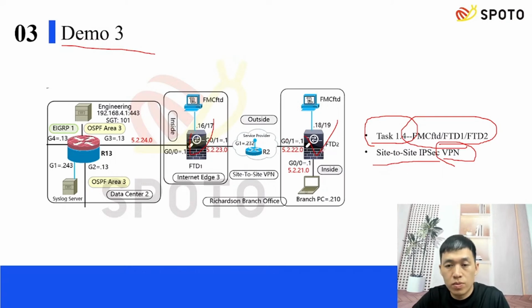Okay. They just changed some requirements for this task, and the rest of the configuration is almost the same as the one in the last version. Okay. This is an independent task as well.